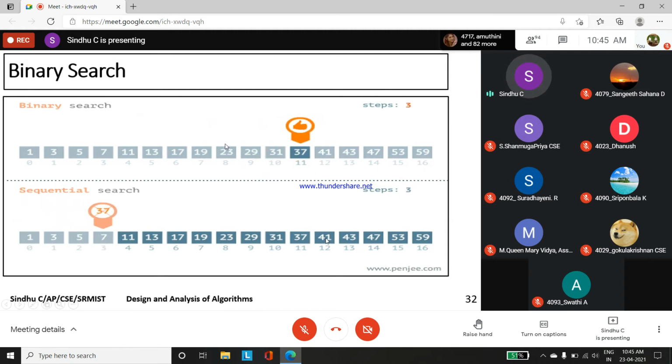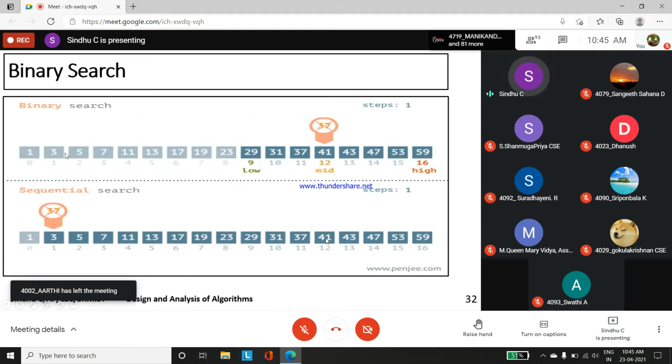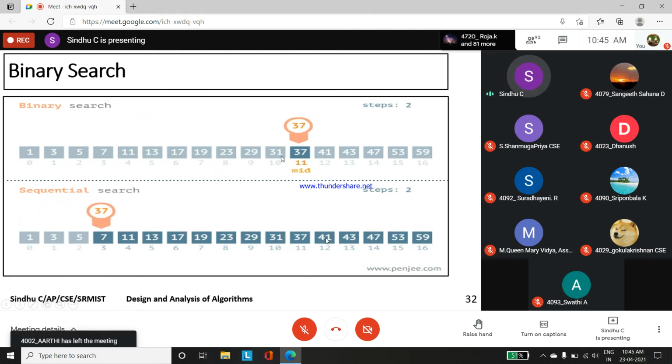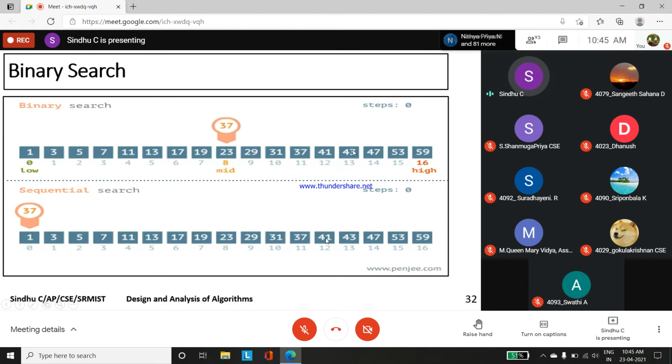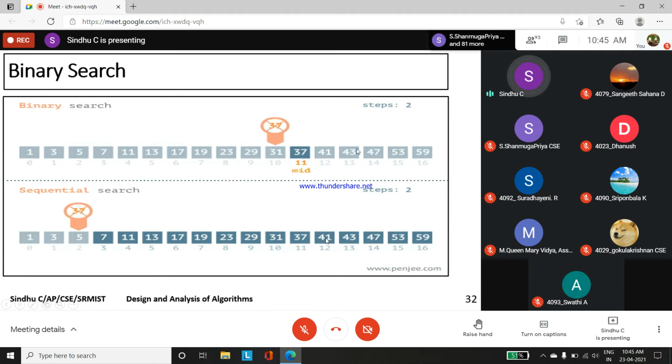When you know the midpoint, you take the value which you are searching, which is 37, and compare it with this midpoint. If it is greater, then you ignore all the elements in the front. You take only the second half. Now you pick this as the first element, this as the last element, and the middle element as the mid element. Now again you check this 37 with this value, and if it is smaller, you go front. If it is greater, you go back, ignoring all the other values.